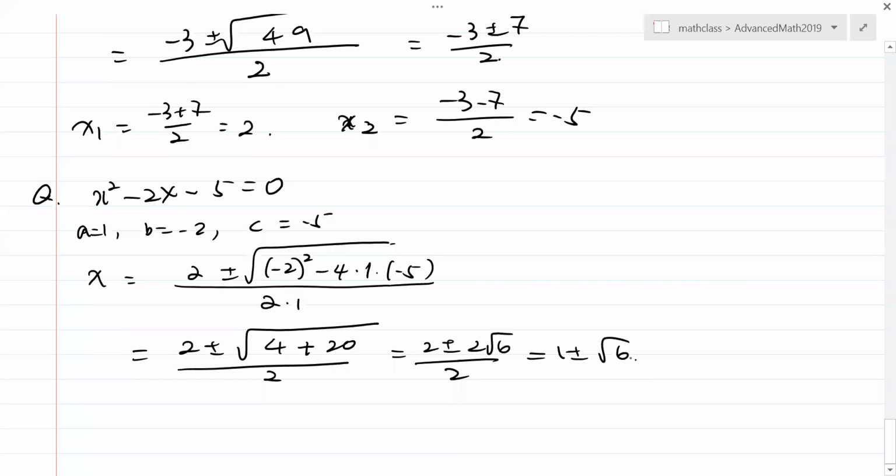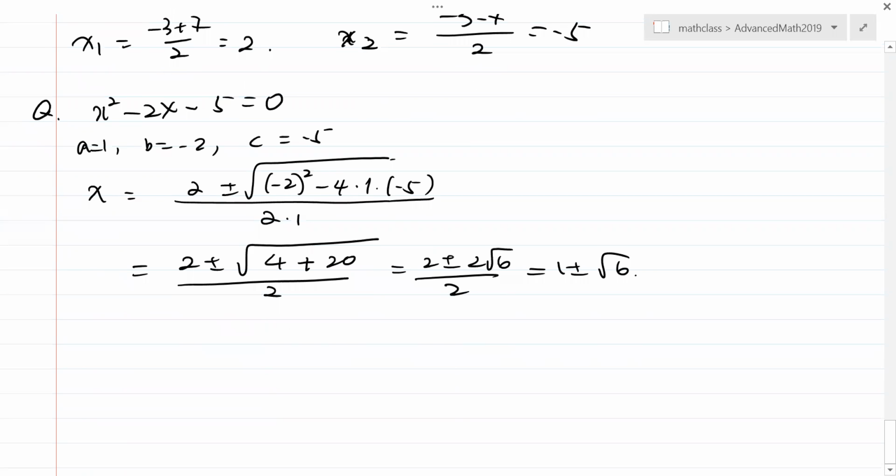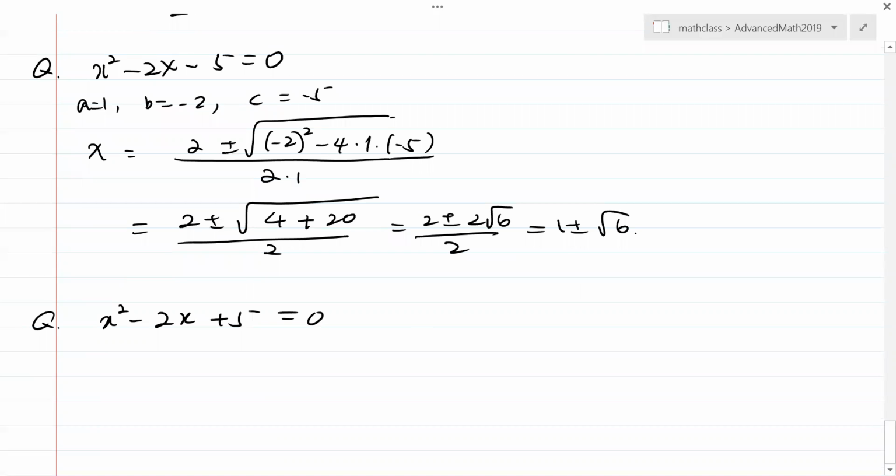So use the quadratic formula. You can always solve the problem. Now, what happens if I change the problem a little bit? Plus 5 equals 0 instead of minus 5. Okay, so you just go ahead and use the quadratic formula, right? You can solve it. So x is going to be over 2a, everything's fine.